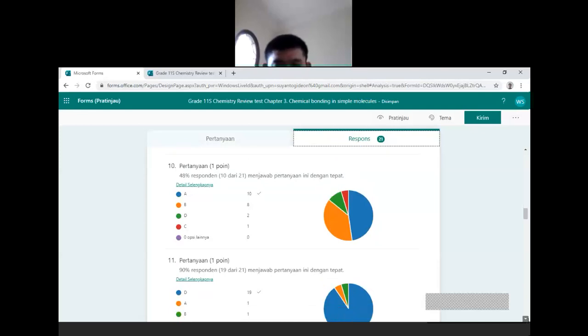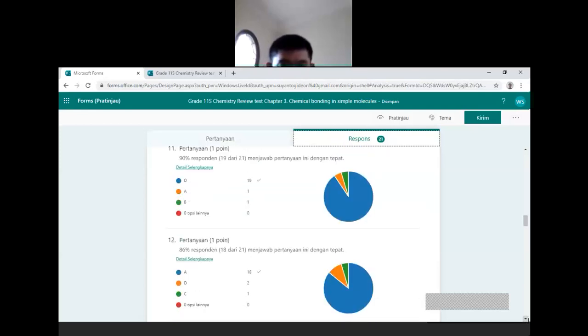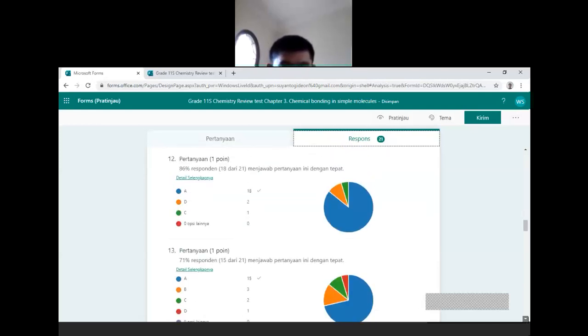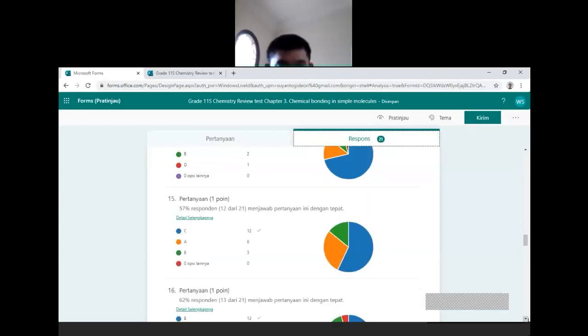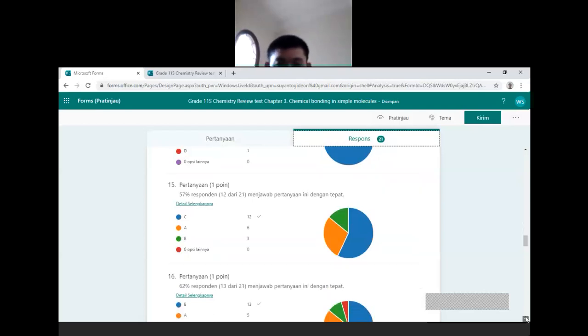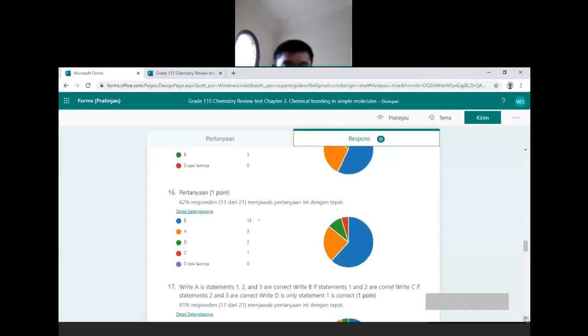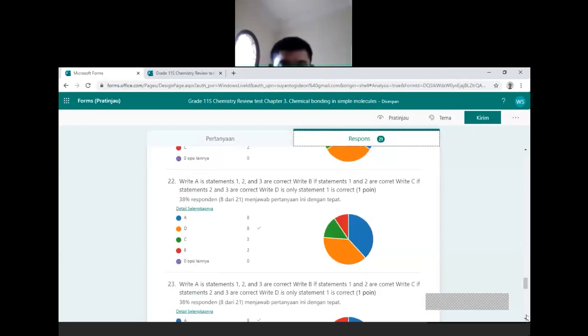The biggest weakness is in number 9. For the other numbers it is around 50% and above, meaning more than half of the class could answer. And then the second is number 22, number 20.